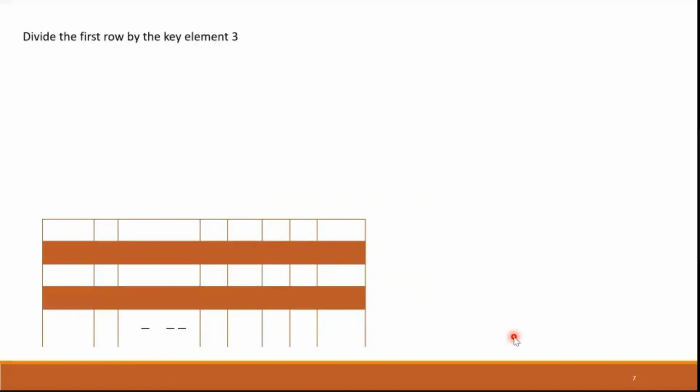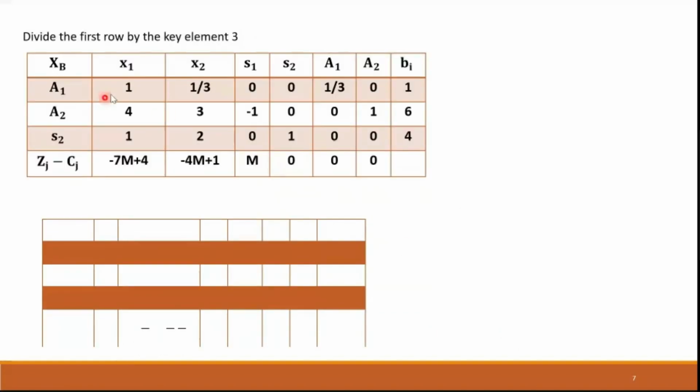So what I have done is I've divided that row, ठीक है, by 3. So this is a key element, है ना? This was the key element.